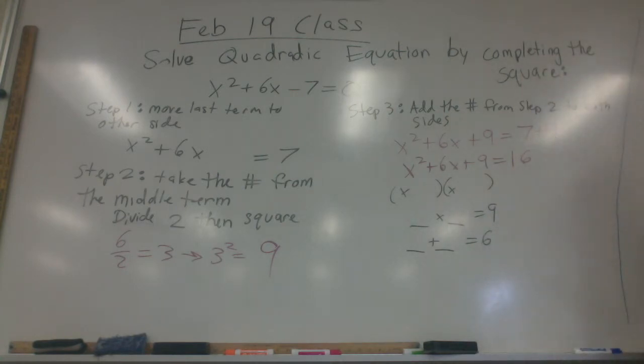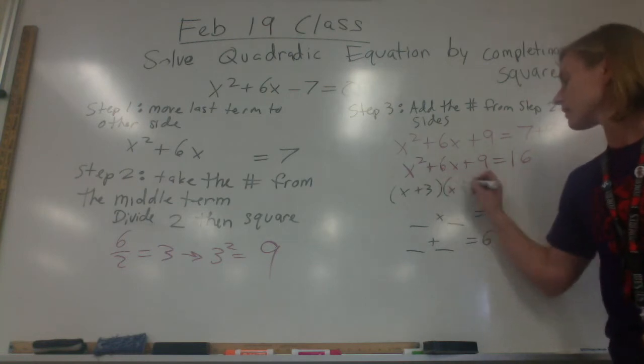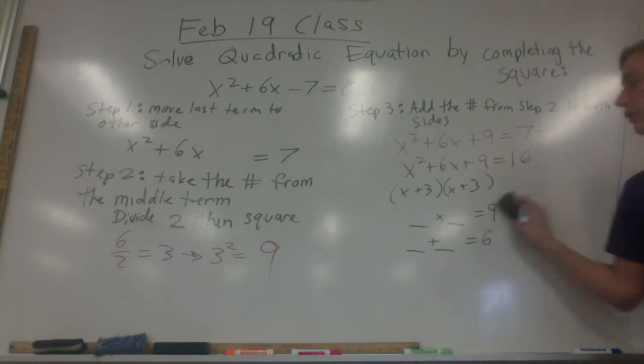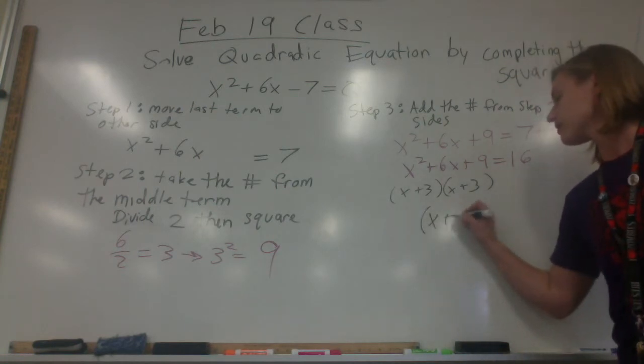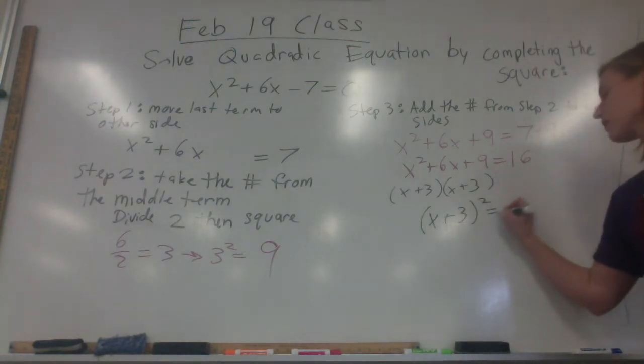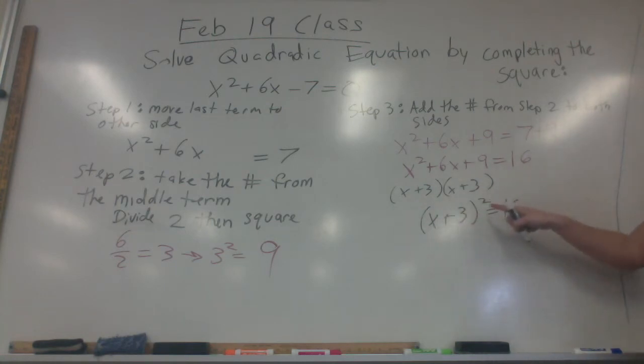What number is that? 3 and 3. So instead of writing that, we can write it as x plus 3 squared equals 16. So this is why it's called completing the square, because you always end up with some sort of thing being squared.